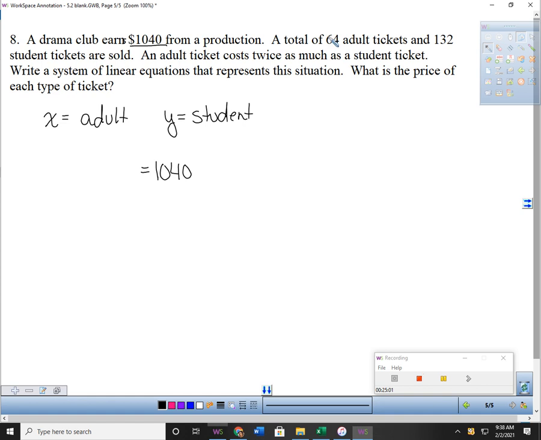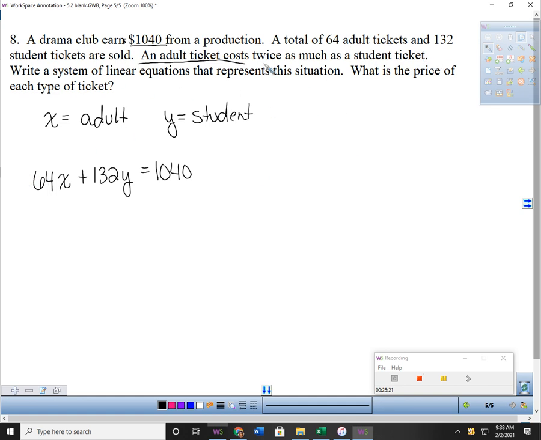And that's made up of 64 adults, so that would be 64 times X, and 132 students, so 132Y. Then this statement is going to be our other one. An adult ticket costs twice as much as a student ticket.